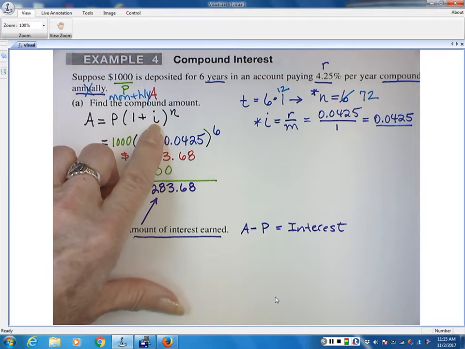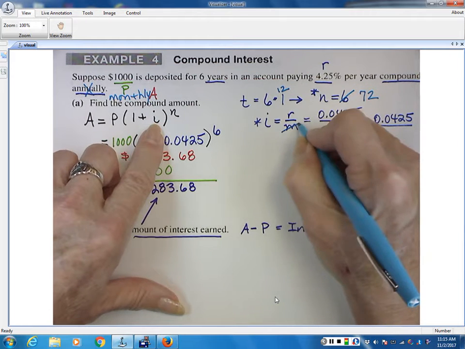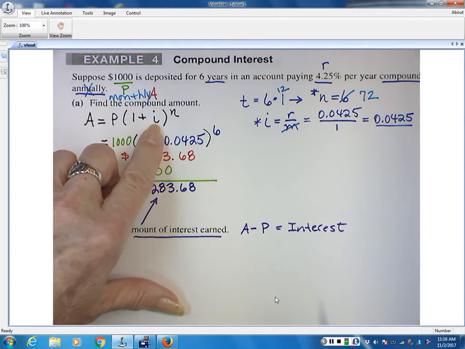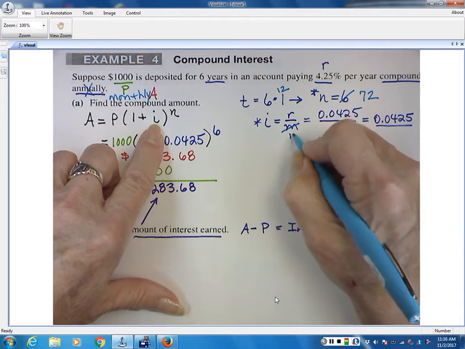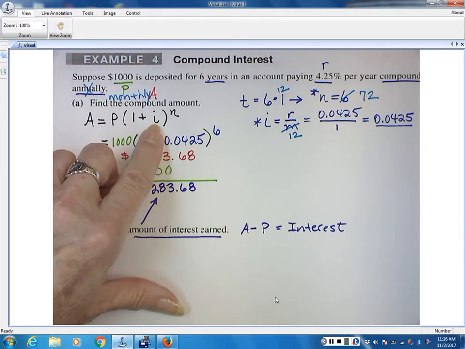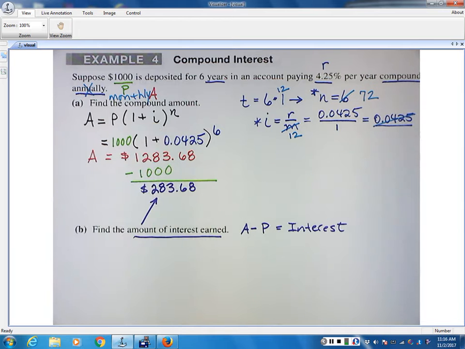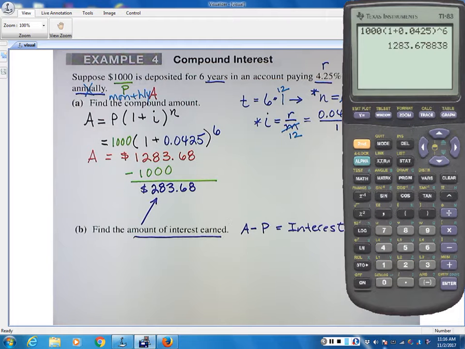What else changes? Your interest rate is going to change. It's going to be the annual interest rate, but it's going to be divided by 12 for once a month. So instead of being 0.0425, it's only going to be 0.354% per month.